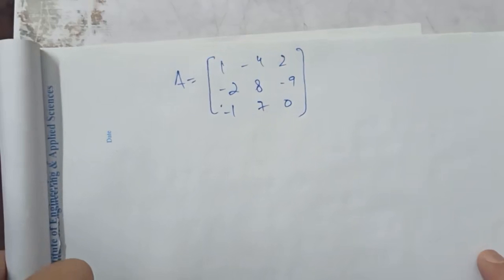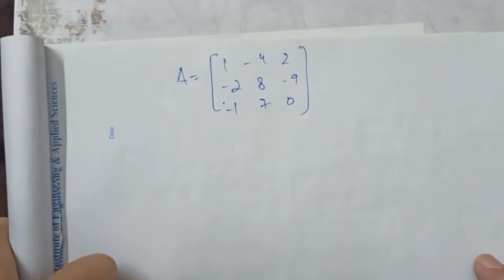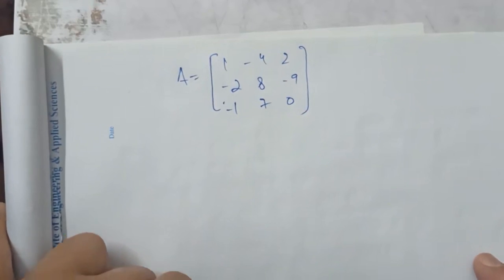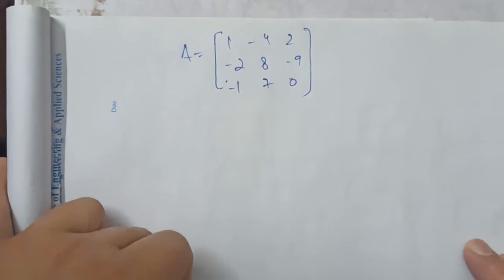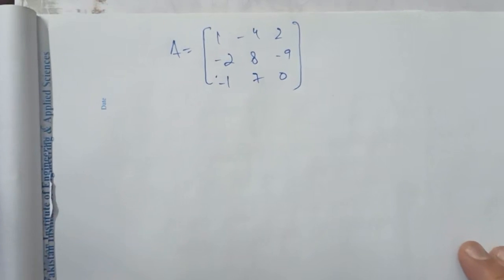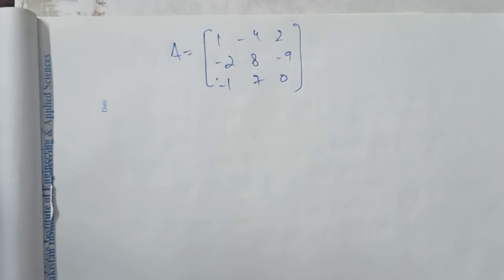So assume this is the matrix that is given to us. Since we know that zeros in any rows and columns simplify our calculation, we can reduce A to echelon form, and we use the properties that we just discussed about determinants to find the determinant of A.